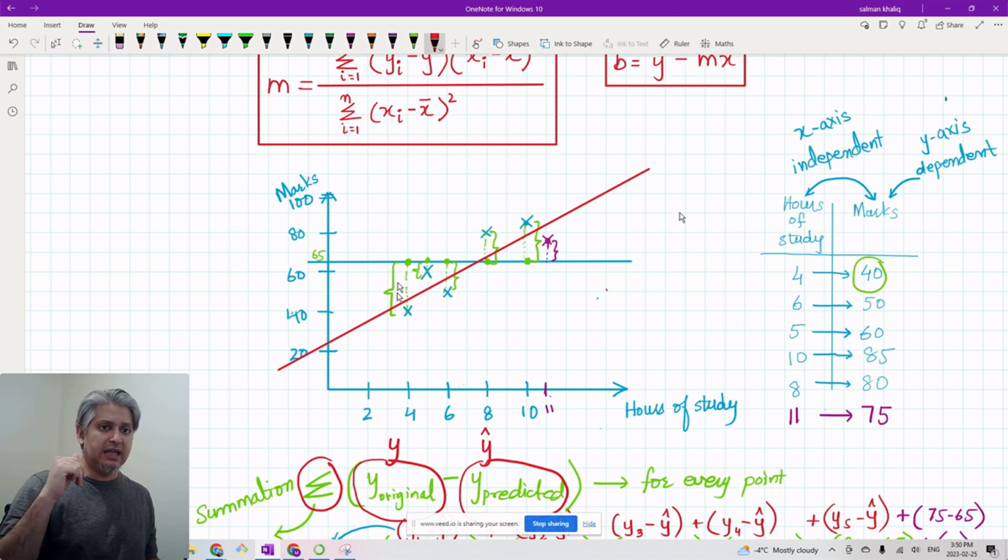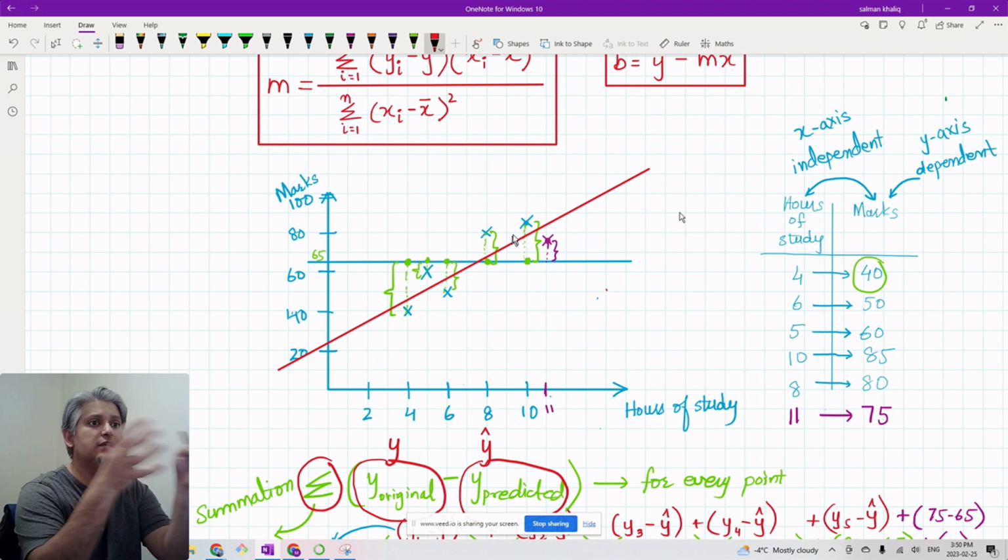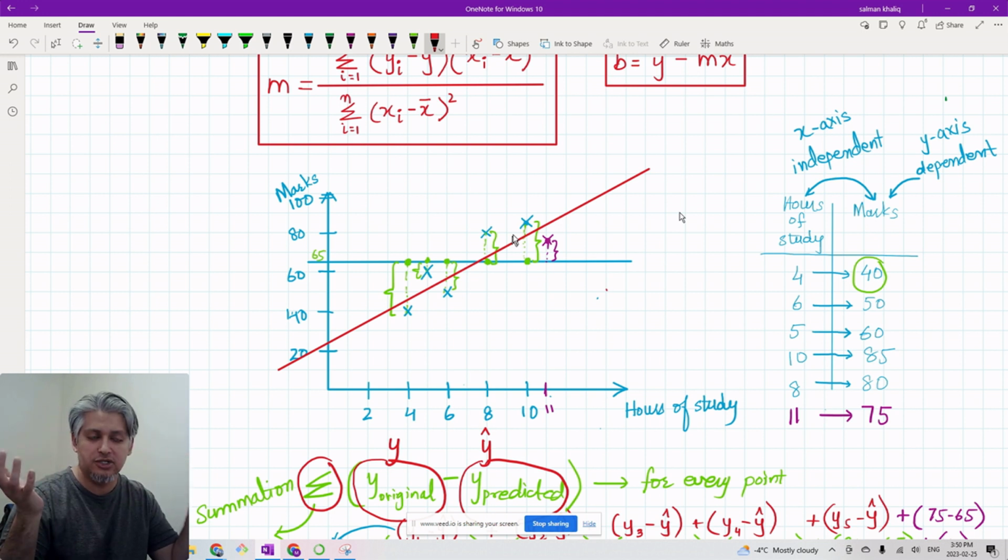What is happening? The ones which are below the line, I'm getting a negative answer for. The ones which are above the line, I'm getting a positive answer for. Positive and negative are canceling each other out and giving us the impression that our error is low. That does not mean it is the best fit line.